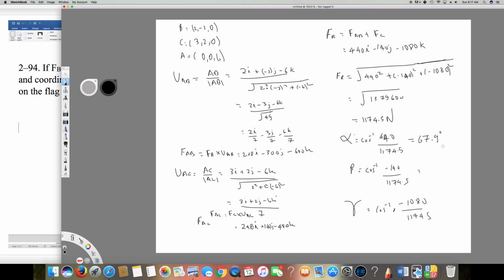The second one is cos inverse of negative 140 divided by 1174.5, which is going to give me 96.8 degrees.